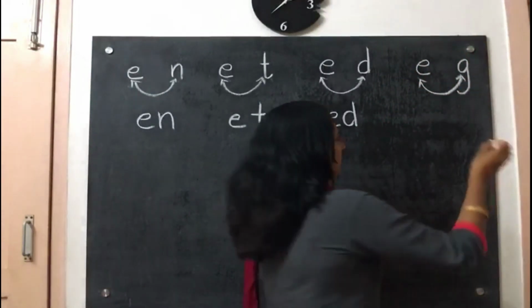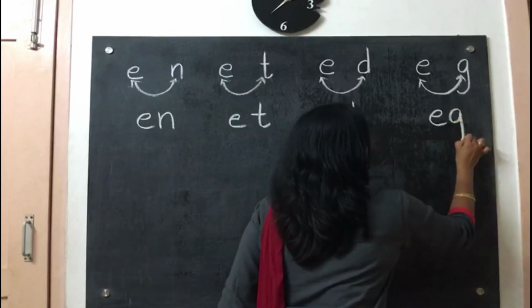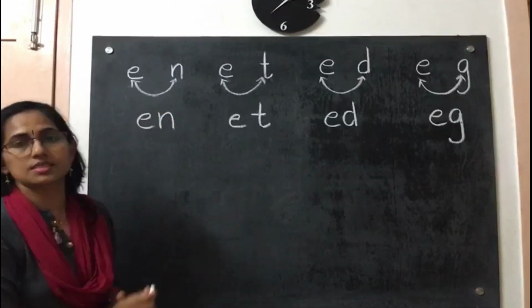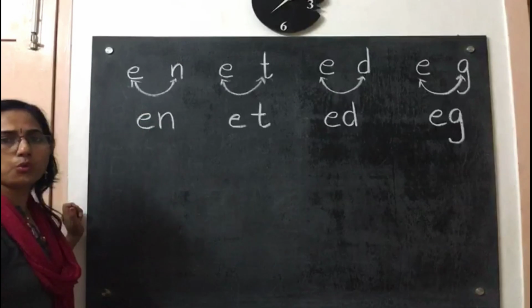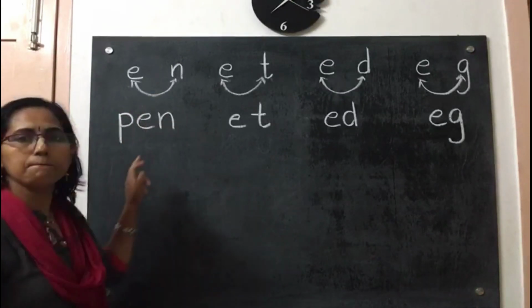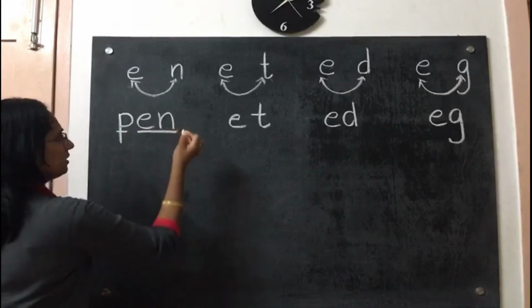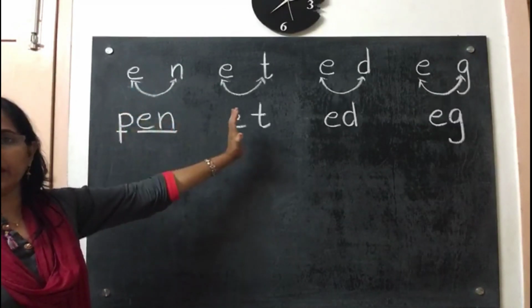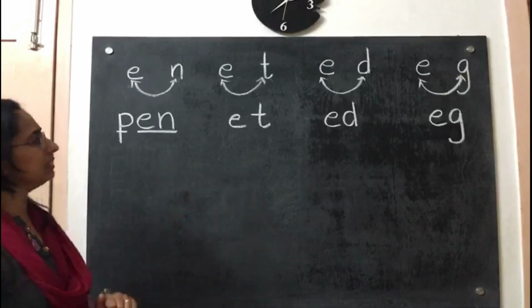Egg, egg. After this, I'll join a consonant along with this sound. Let's see. N. I'm going to add P. En, P, en, p. Fast. Pen. Right?